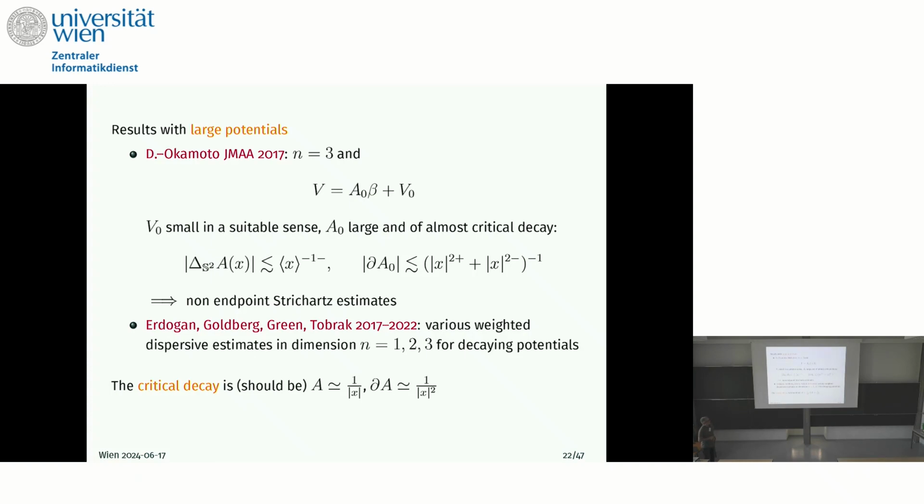I'm claiming here that the critical decay is 1 over x for the potential, but this is not substantiated by the dispersive results. We're very far from proving decay for potentials like 1 over x^(1+epsilon) or something, okay? But this should be the critical decay.